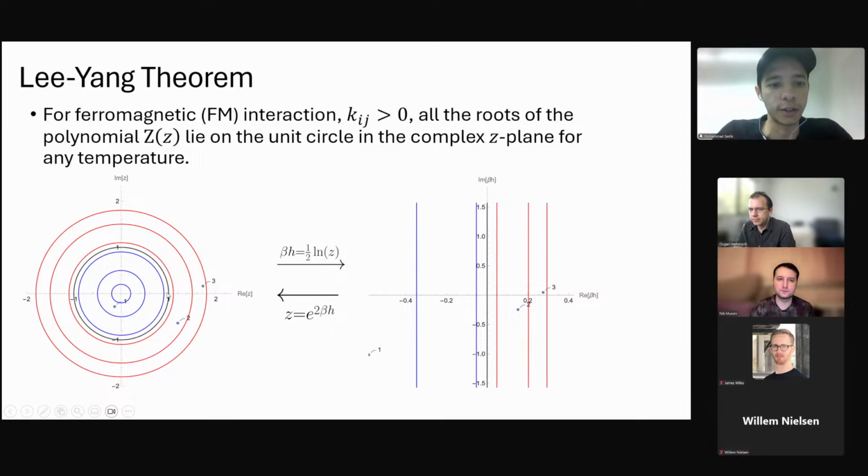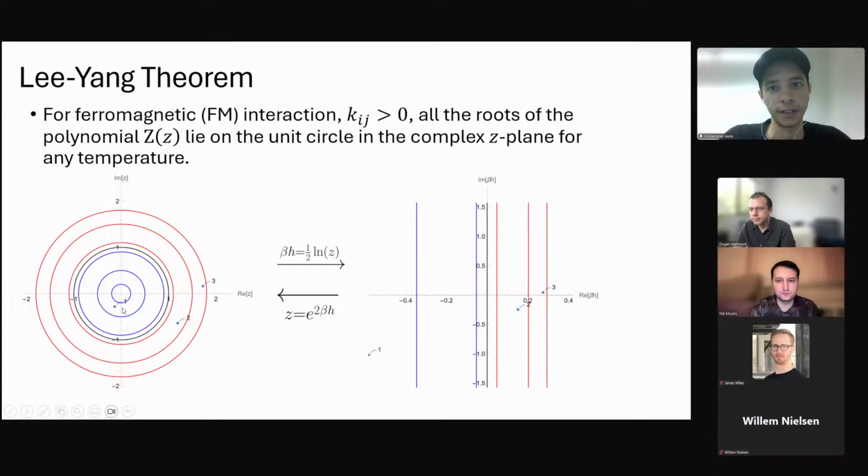So the unit circle is the black line here. That's the z plane. It becomes confusing when I'm introducing this topic, jumping between z and h every time, so I made this plot and I hope it's clear. We agreed that z is e to the power 2 beta h. So if I want to get z from h, I go in this direction. If I want to get beta h from z, I go in that direction.